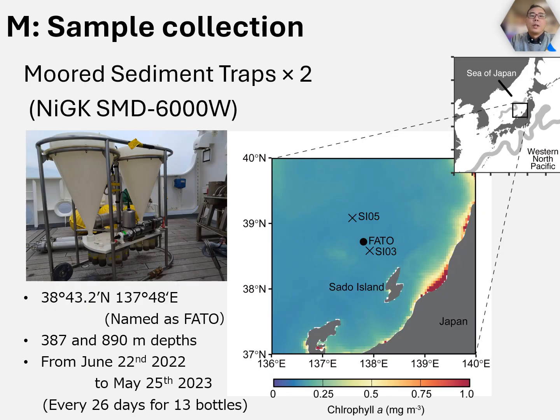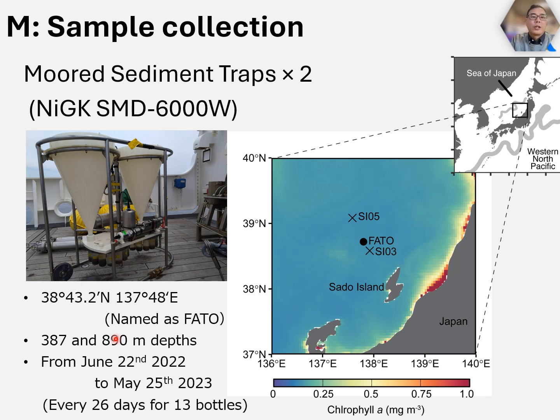So we moored two sediment traps at a station in the Sea of Japan. The setting depths were 387 meters and 990 meters, and the mooring period was from 22nd of June 2022 to 25th of May 2023.